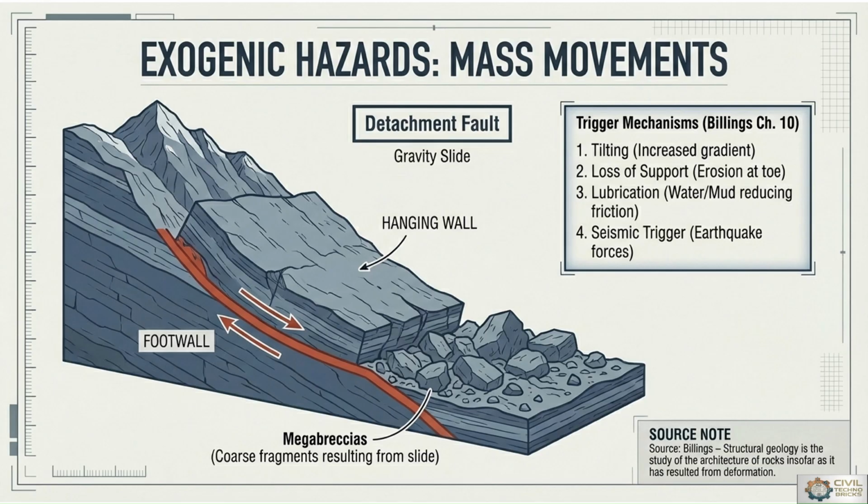Megabreccias are, like landslides, coarse fragments of rock resulting from a slide. There is some hanging wall portion due to the sliding activity with reference to the detachment fault. So the trigger mechanisms: tilting, increased gradient, loss of support from erosion at the toe, lubrication by water or mud reducing friction, and the seismic trigger, that is earthquake forces.